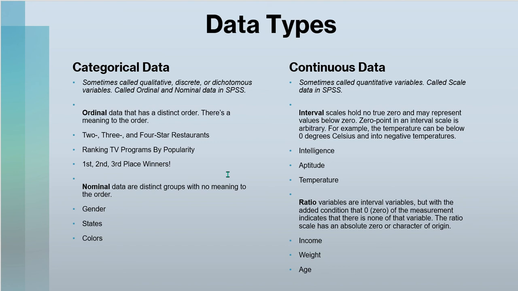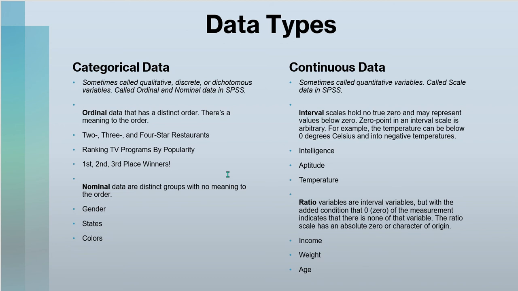Maybe first, second, third place winners. There's some kind of order to the data. Nominal data is just categories. There's no order to it. There's no numerical value to it. And there's no numerical value to ordinal data either. But nominal data is like gender, colors, states, etc.